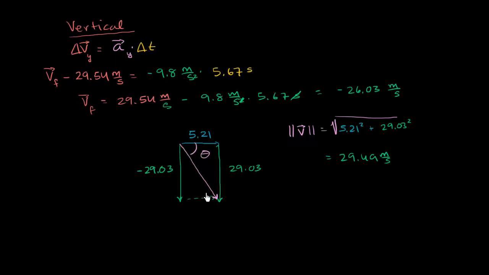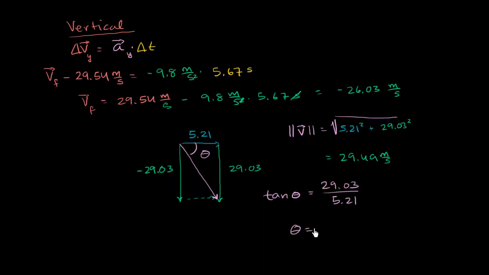If we view it as a positive angle, just in the traditional trigonometric way, we could use any of the trig functions. We could even use tangent. Let's use tangent. The tangent of the angle is equal to the opposite over the adjacent, which is 29.03 over 5.21.